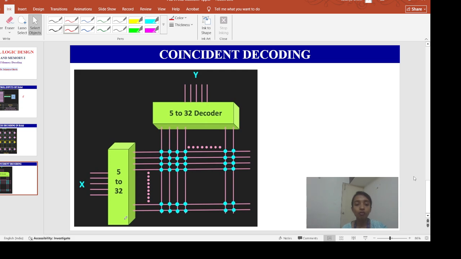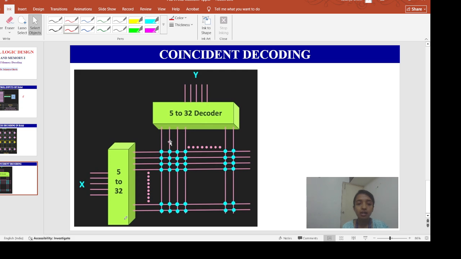In order to avoid this, we use coincident decoding, which is used in memory. Here, in 2D decoding, instead of using a single k input decoder, two k by 2 input decoders are used. The address is divided into two parts.